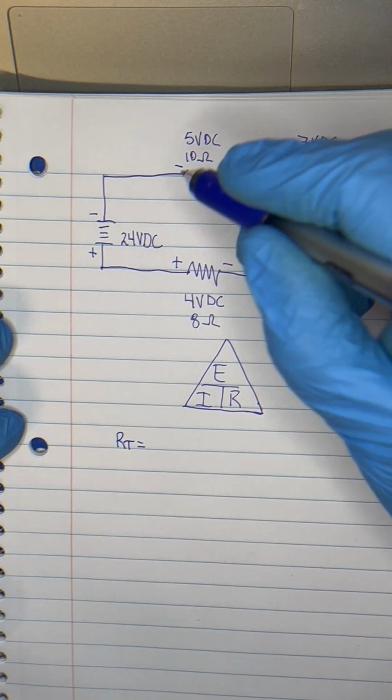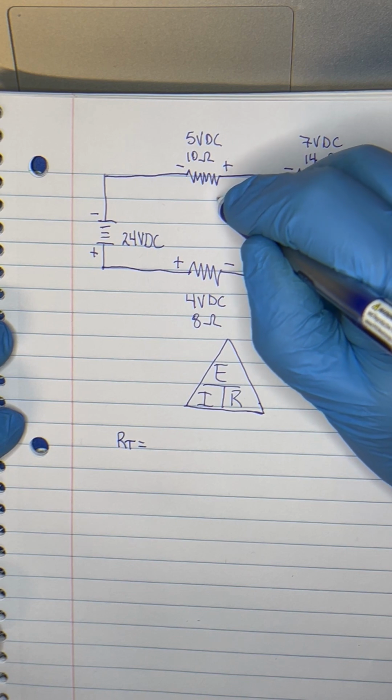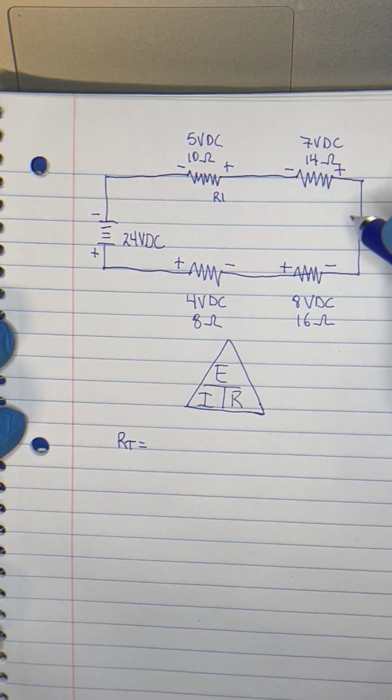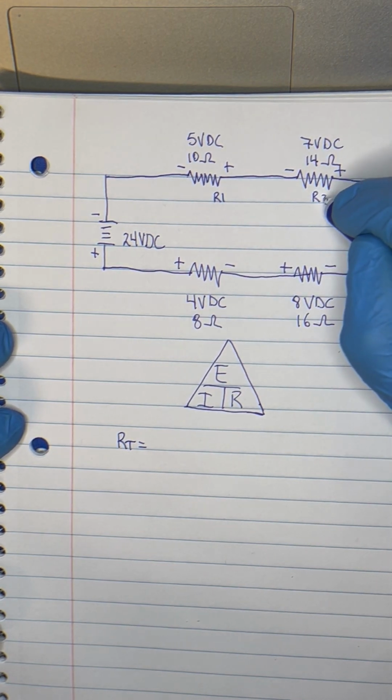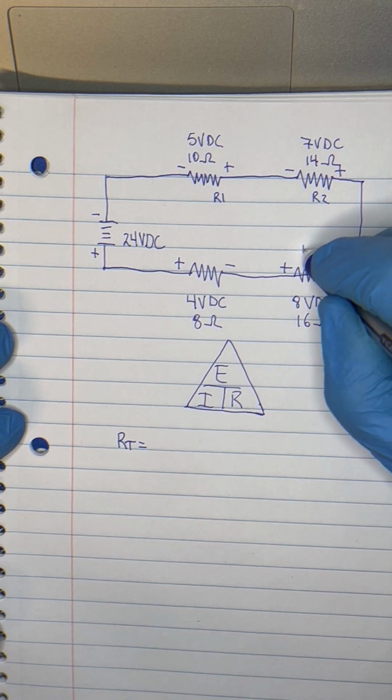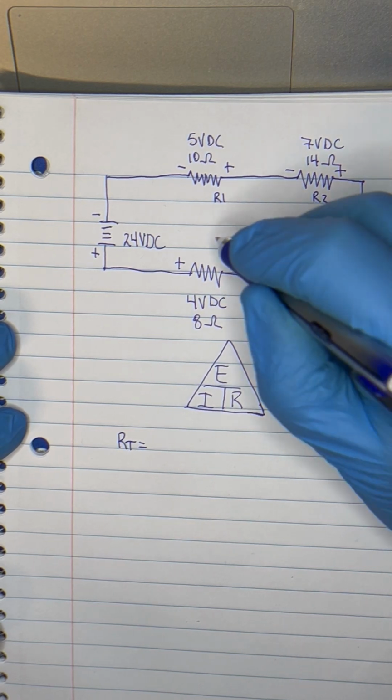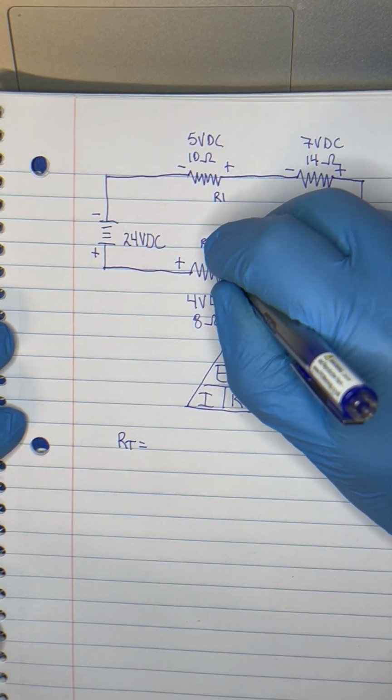And we're gonna say this is, for example, resistor 1, resistor 2, resistor 3, and resistor 4.